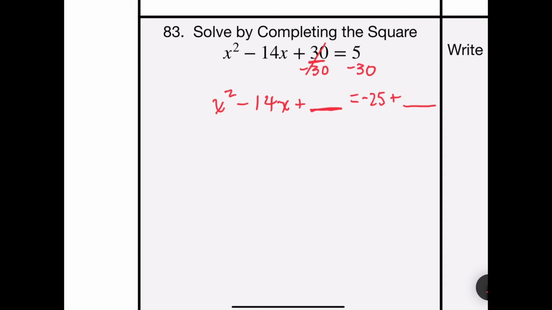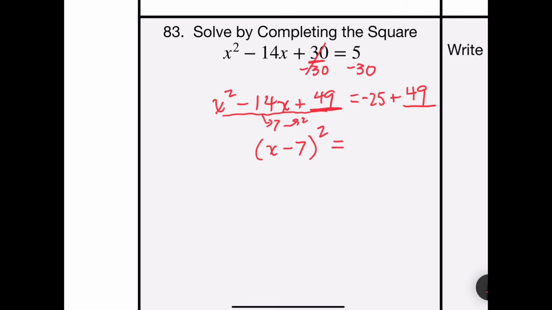So now we're going to go through the process we just did. Half of 14 is 7. 7 squared is 49. So I'm going to add 49 to both sides. Now, x squared minus 14x plus 49 is a perfect trinomial square of x minus 7 squared.